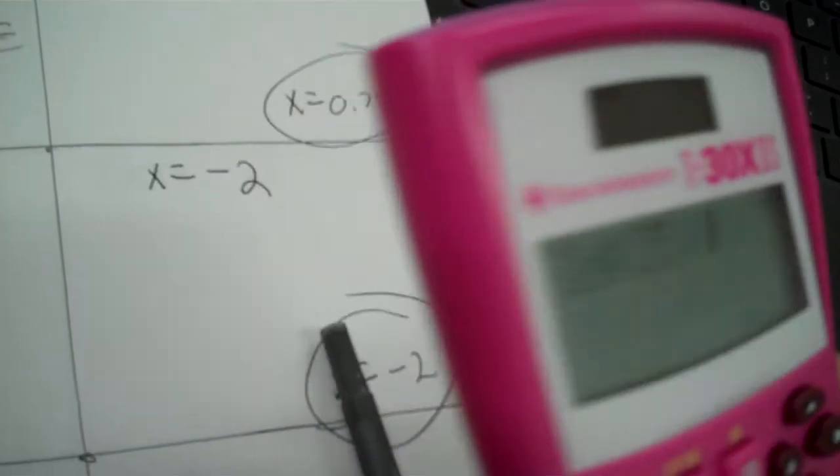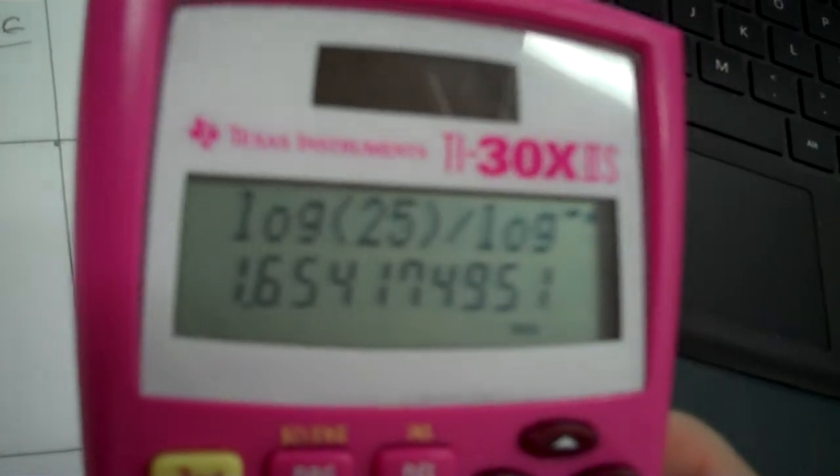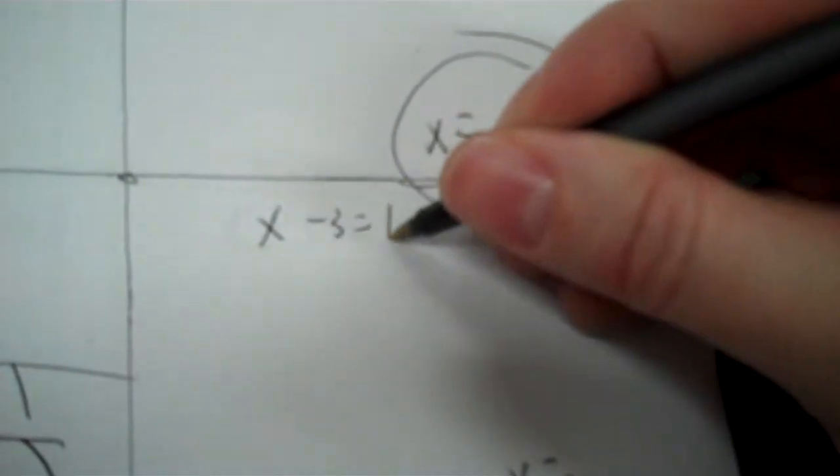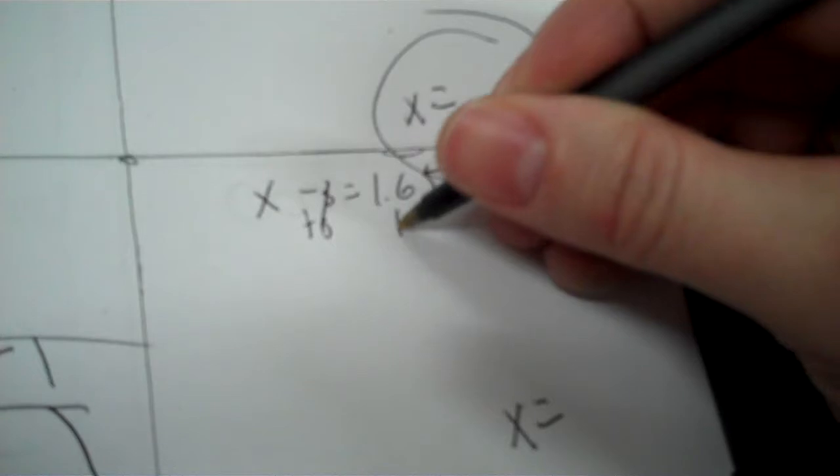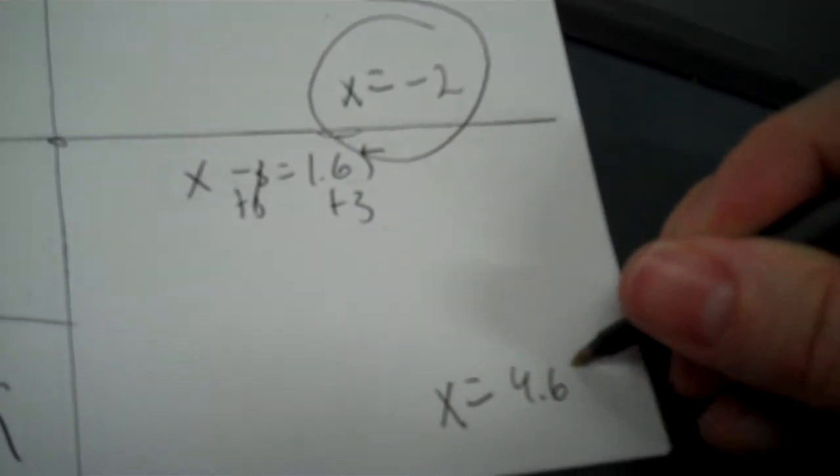So 7 on the bottom, 25 on the top. You always put the base of the exponent on the bottom. So log 25 divided by log 7, 1.65. So x minus 3 equals 1.65. Now to solve for the x, we got to add 3. So that's 4.65.